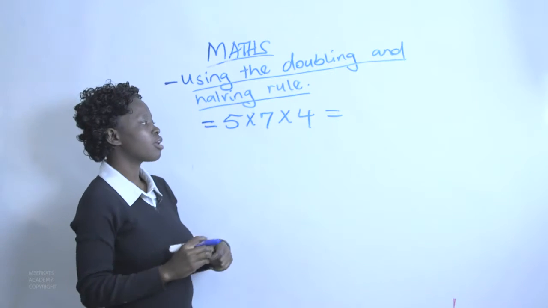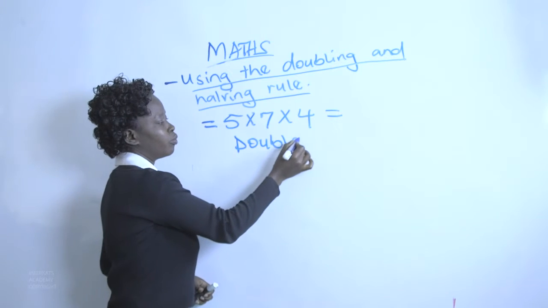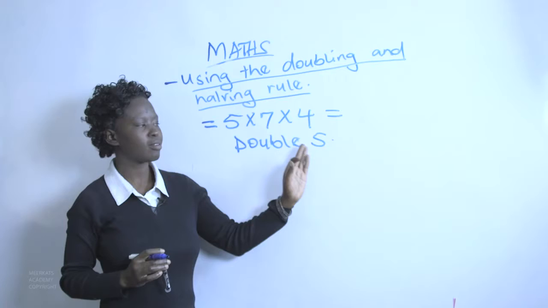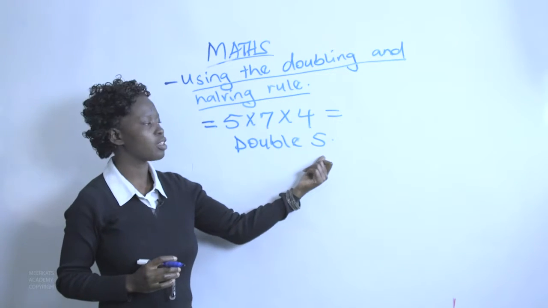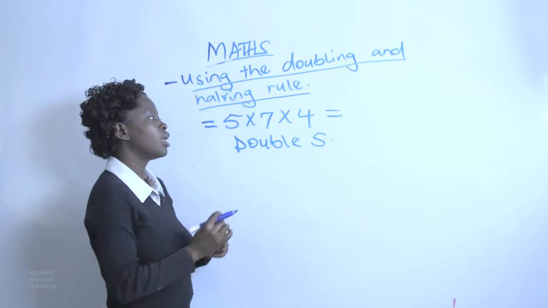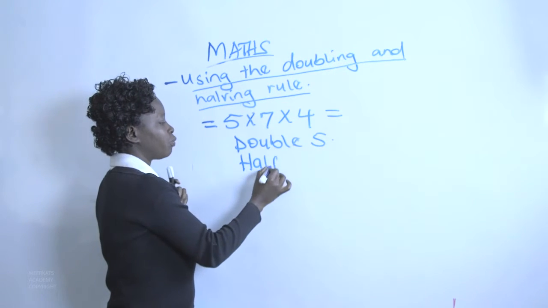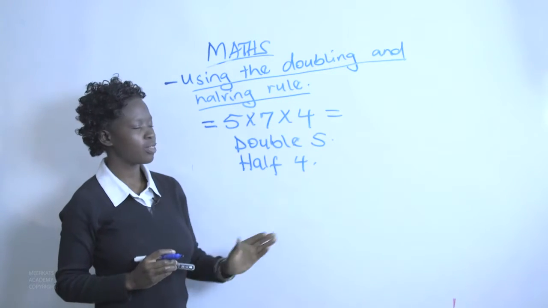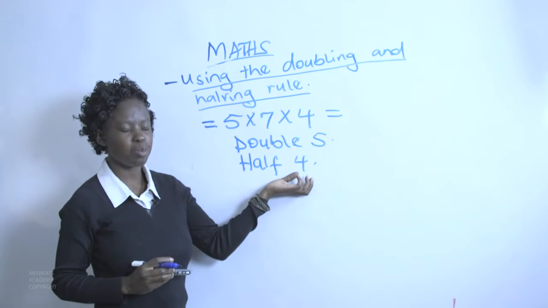In this case, we can decide to double 5, because if I double 5, I'll get a multiple of 10, or a power of 10, which is easy in multiplication. Then we can decide to halve 4, so that I'm getting 2. 2 will be easier to work with in multiplication.